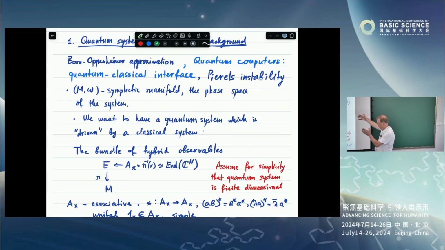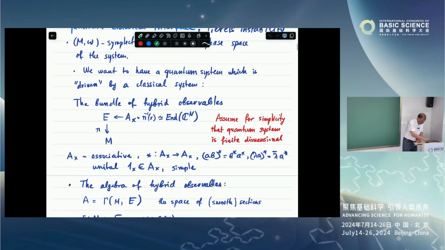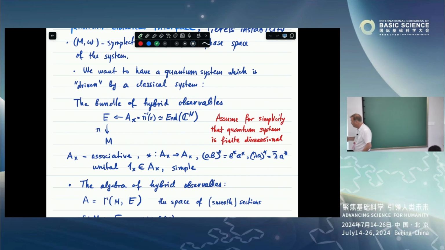They are isomorphic, but they may be different, which means that you have a vector bundle over your symplectic manifold. Let's assume here for simplicity that the fibers are finite dimensional. In reality, of course, they are Hilbert spaces.